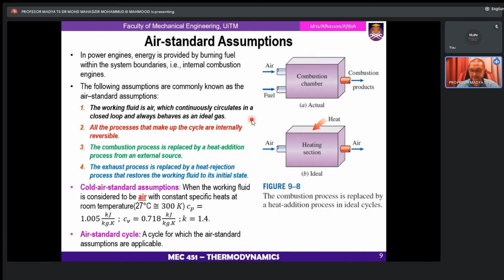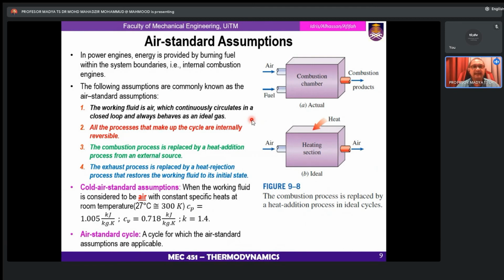The assumptions you have to know when you want to do analysis of devices that use air as a working fluid, or instead of air, a gas, that means the gas phase.